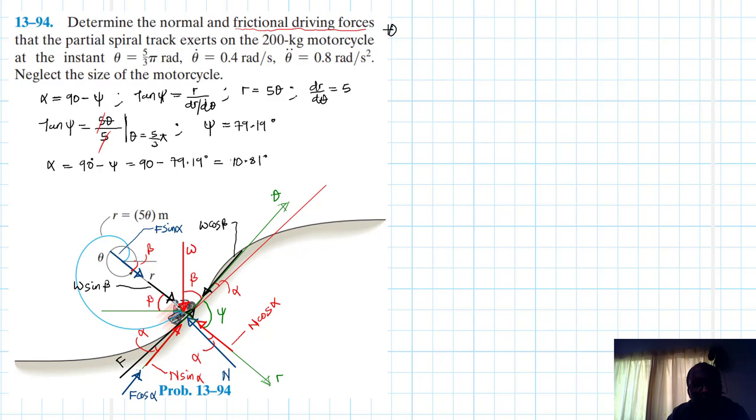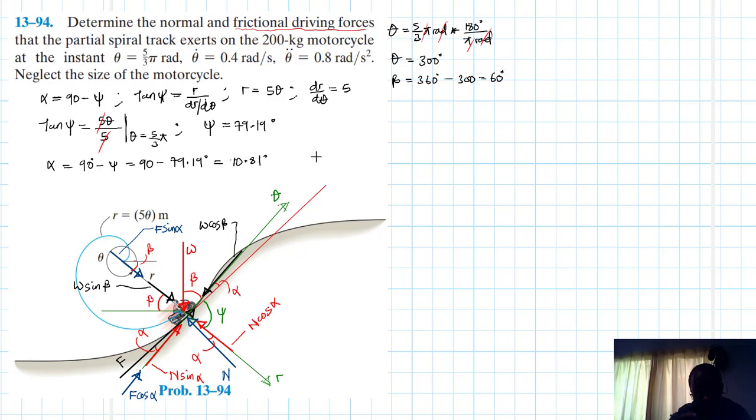This angle, I want it in degrees, is 5/3 pi rads times 180 degrees divided by pi rad. So if we convert it to degrees, theta becomes pi divided by 3 times 180, just 300 degrees. So beta is just equal to 360 minus 300, which is 60 degrees.